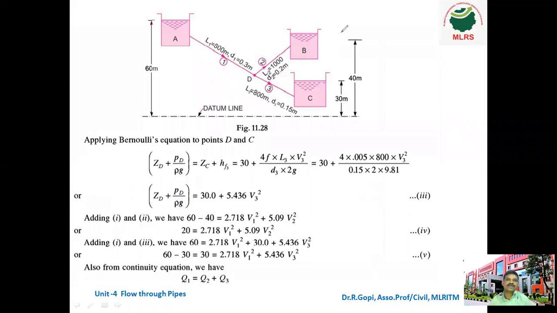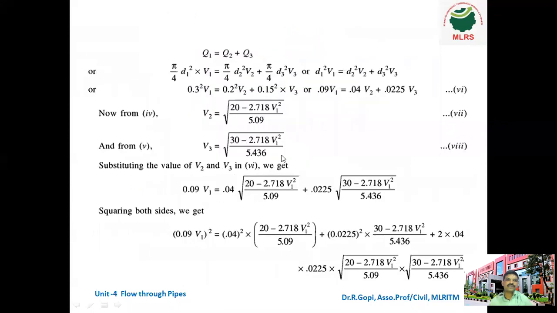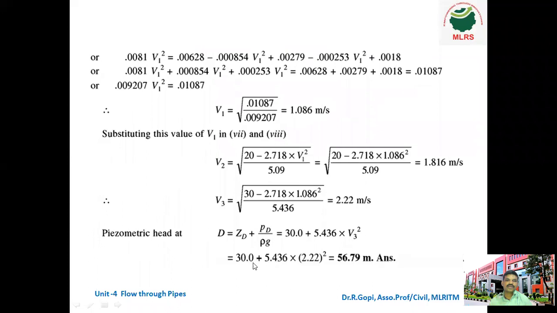If you substitute in any of the V1, V2, V3 equations, you get the same answer. You can check also. So ZD plus PD by rho G equal to 30 plus 5.436 into V3 square.